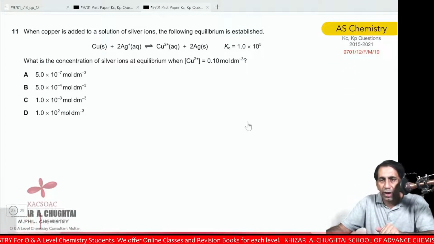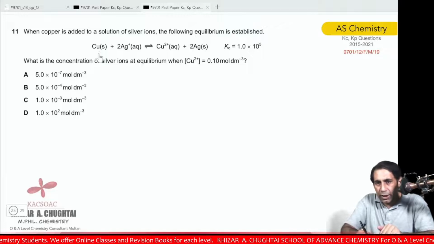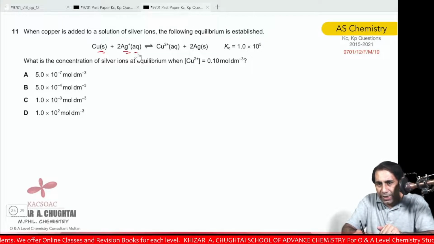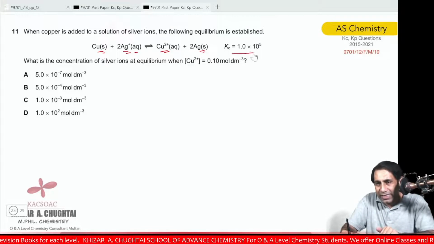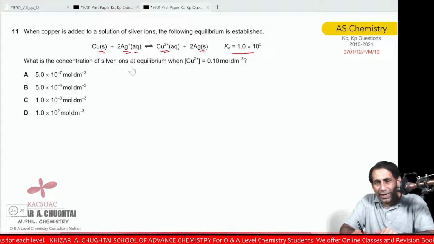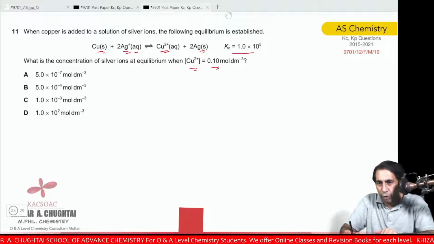Next question. When copper is added to a solution of silver ion, the following equilibrium is established: Cu solid plus 2 Ag plus aqueous goes to Cu2 plus aqueous plus 2 Ag solid. Kc is given. What is the concentration of silver ion at equilibrium when copper 2 ion concentration is 0.1 mole per dm cube?